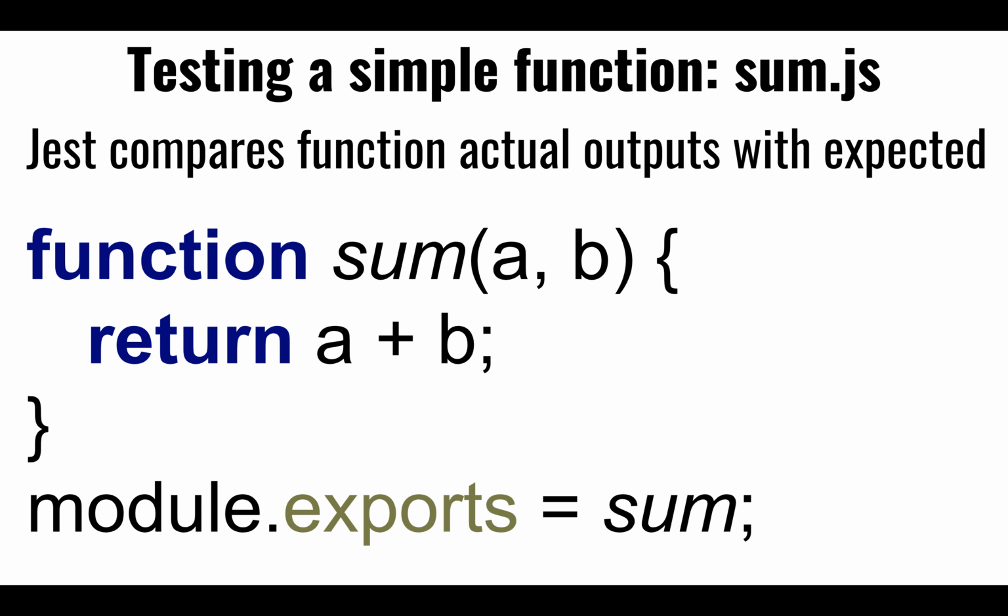This is using Node.js's module implementation. It's exporting the sum function so that it can be imported from other pieces of code. So it's not using ES6, but this is a pretty standard mechanism for modules to be able to reuse modules in Node.js.